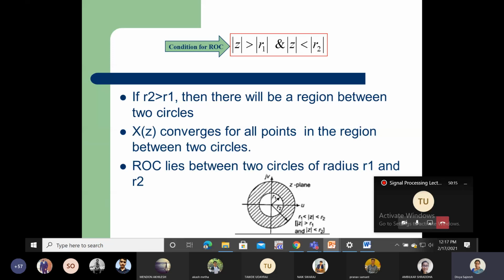That means the Z transform will exist only for those values of Z between R1 and R2. Exterior to R2 it will not exist, interior to R1 it will not exist. Only in that region can we take the value of Z and find the Z transform for the signal.